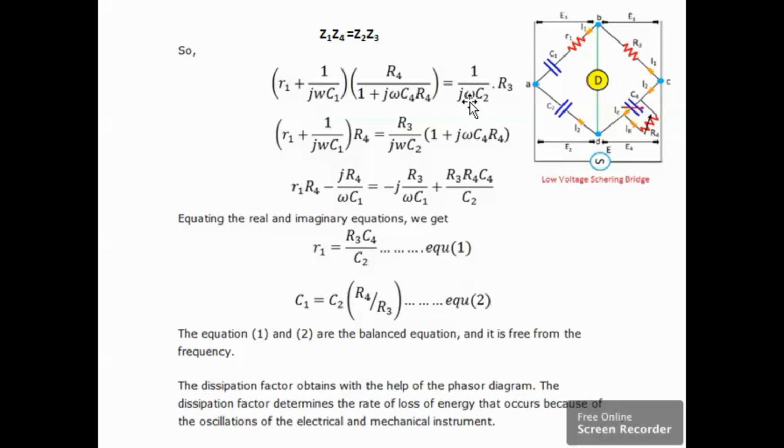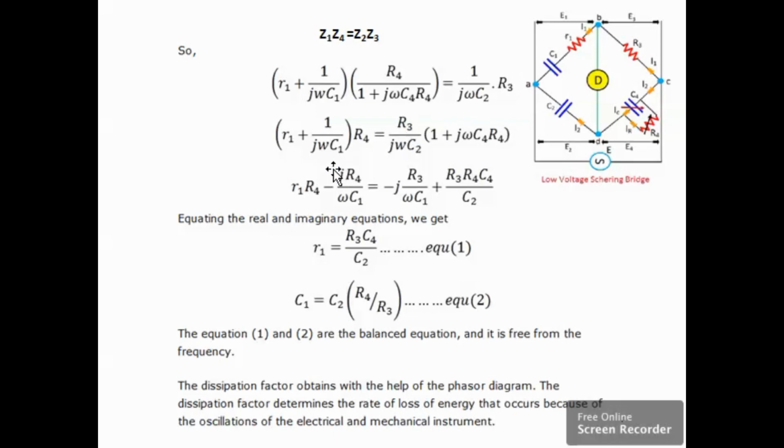This is equal to Z2. Z2 is the impedance of the second arm. In this second arm, we have only a single capacitance, so its impedance is 1 by j omega C2, multiplied by Z3. Z3 is the third arm impedance. In the third arm, we have only a single resistance, so the impedance is R3.